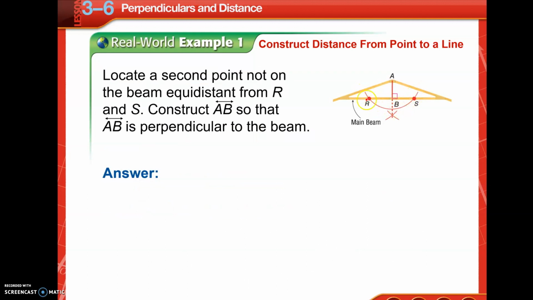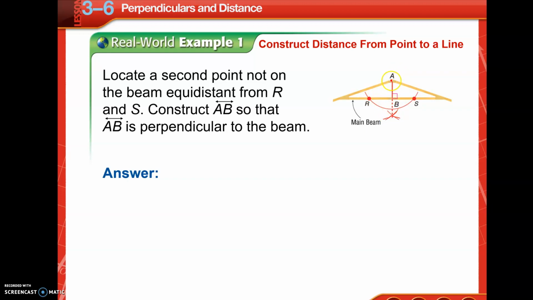That arc crosses the line twice, and then, not moving the length apart that your compass is, you put your pointy part on each of the points that the arc intersected, and draw another arc down below from each point. So I'm going to put my pointy part on S, swing an arc there, put my point on R, and swing an arc here.